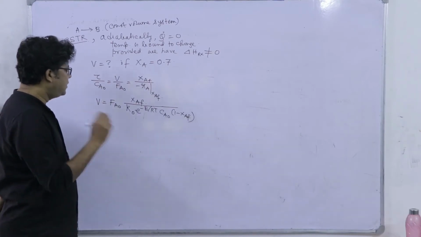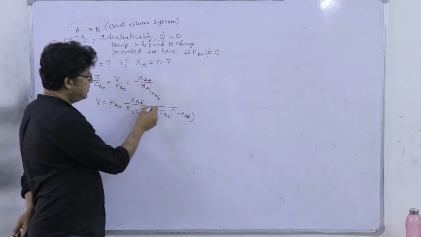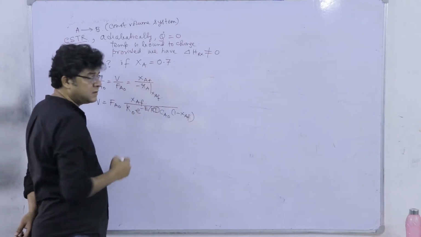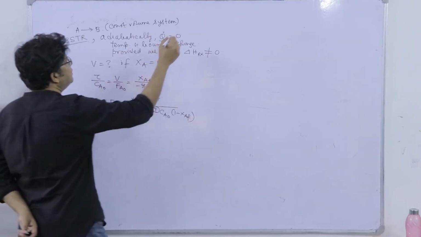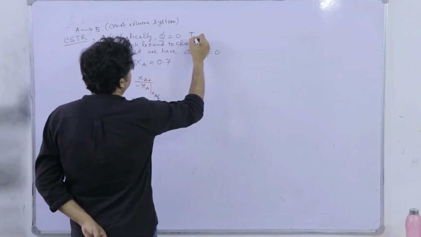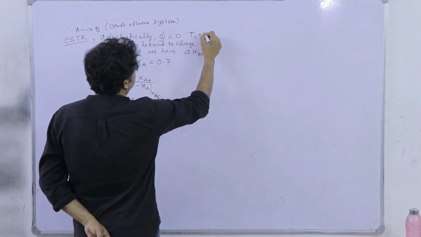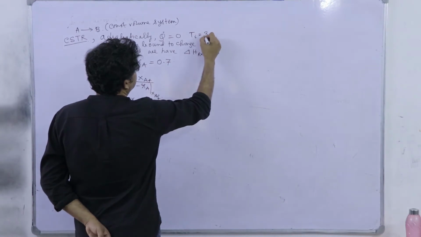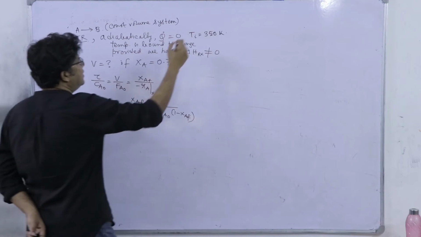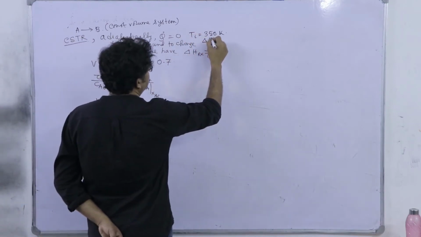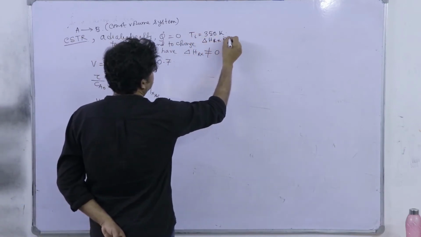So, here comes a problem because of this temperature, which we do not know, right. We may be given an initial temperature like T naught or T initial, let us say it is 350 Kelvin, right, and the heat of reaction is also given, delta HRX is given.